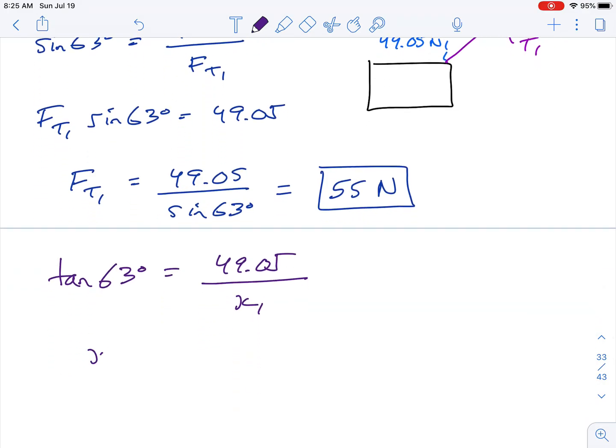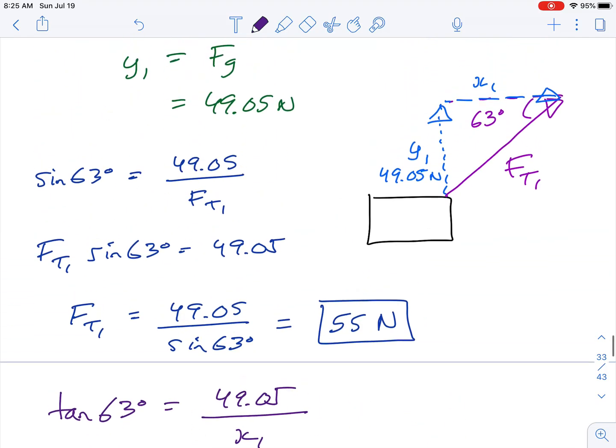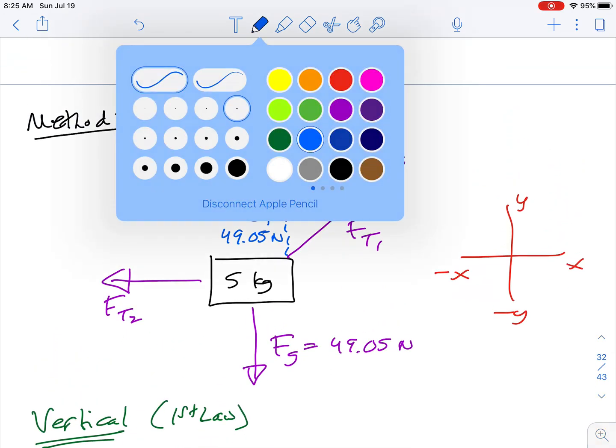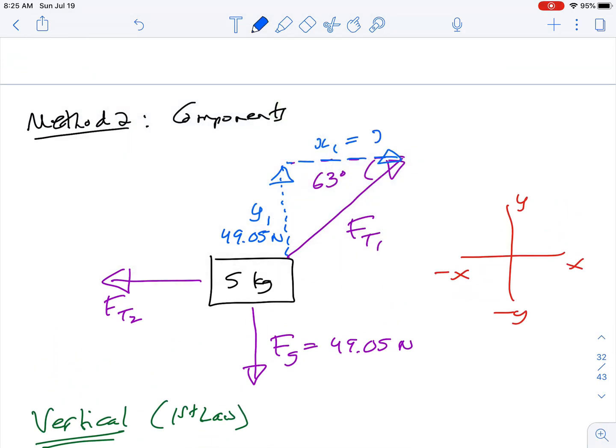Similar to the previous one, this will come out to be 49.05 divided by the tangent of 63 degrees. Surprise, surprise. That gives us 25 newtons. So I can bring that up to the original diagram, and we'll see that this becomes equal to 25 newtons.